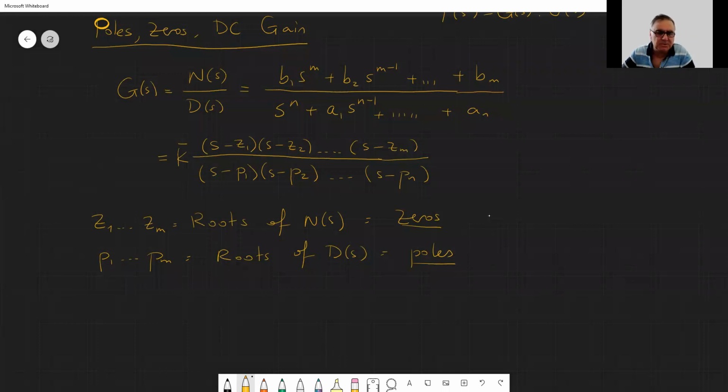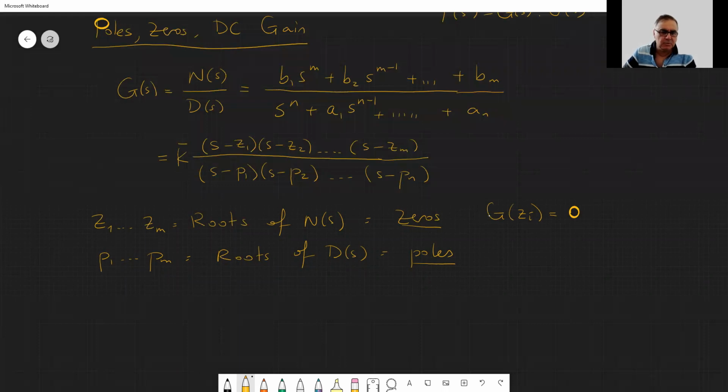Why do we do that? Because if you substitute the value of any root zi into the transfer function, it will be 0. So the transfer function will be exactly equal to 0.